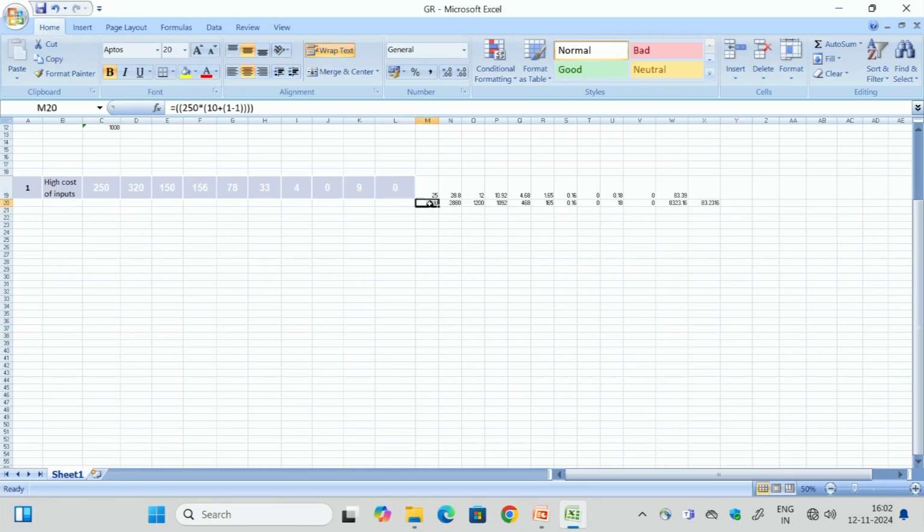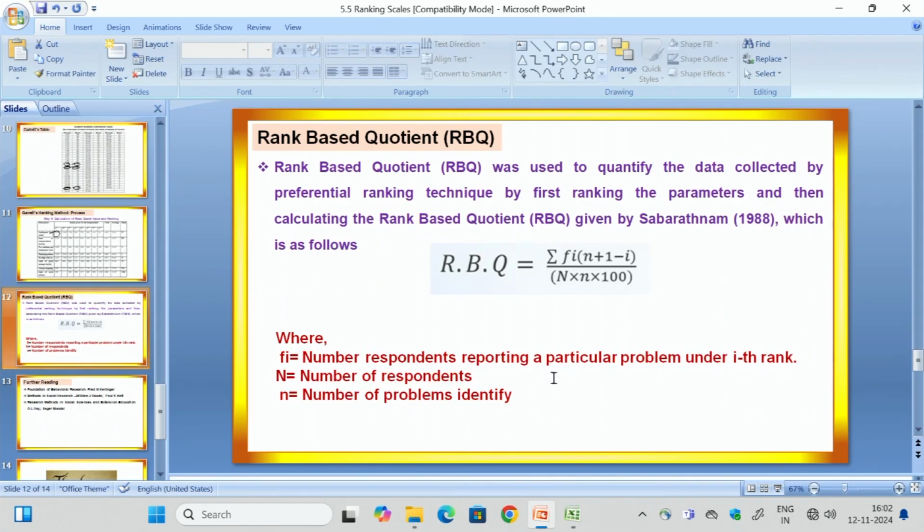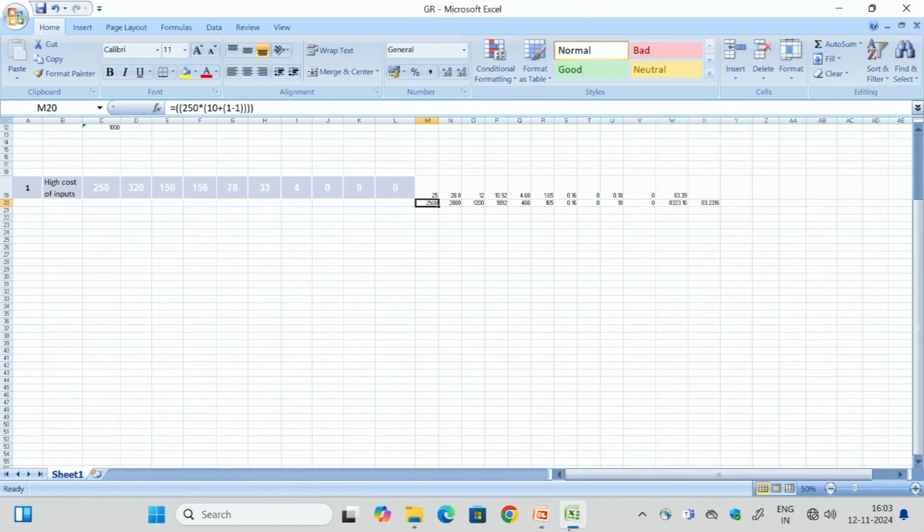First, we have to calculate the first part of the formula, which is different for each item: it is the summation of Fi into n plus 1 minus i. Fi means the number of respondents who report a particular problem under rank 1, rank 2, rank 3, like that. That will change, and you have to take the summation of that. The denominator part is the same.